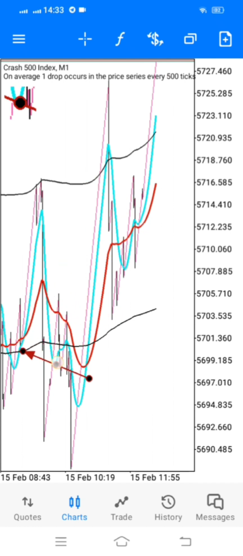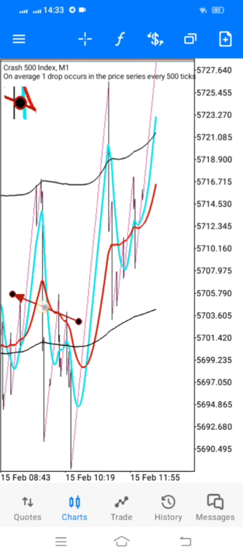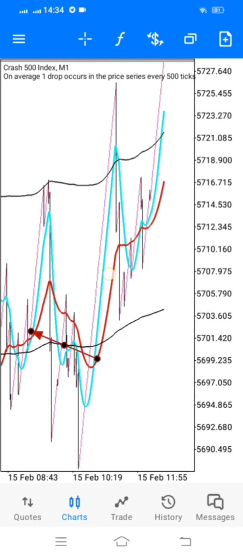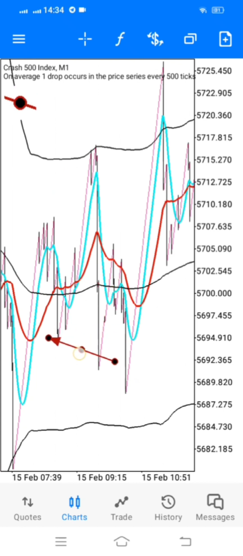So we can see over here as well, we had a crossover. The blue crossed above the red. You go in, you take your 5 candles if you have a small account and you're out of the market. If you have a bigger account, you hold till take profit and it hit take profit and you close the trade.